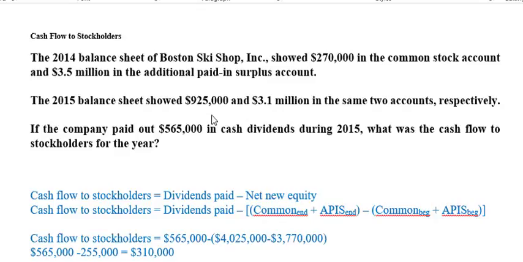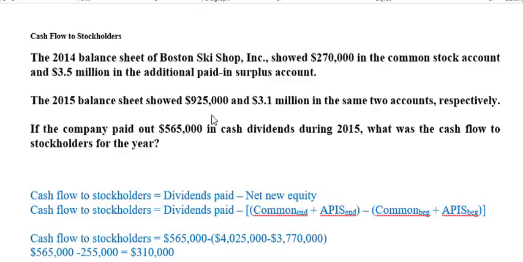So we sold some stock. Then in 2015, a year later, our balance sheet showed $925,000 in the common stock account and $3.1 million in the paid in surplus account. We didn't sell as much stock that year to the outside people. We didn't make as much money.